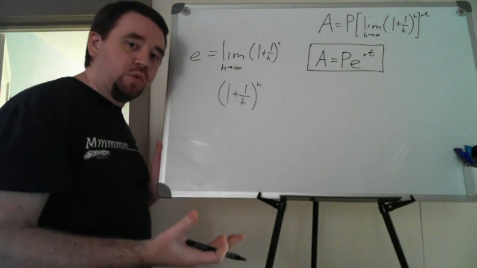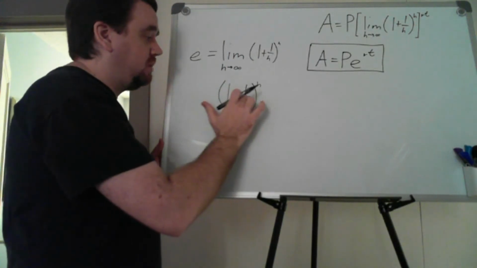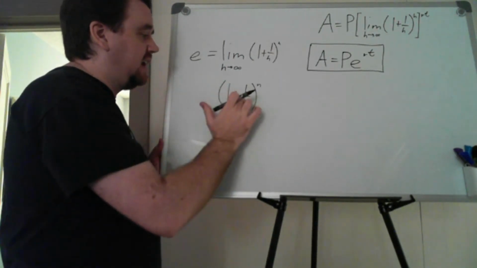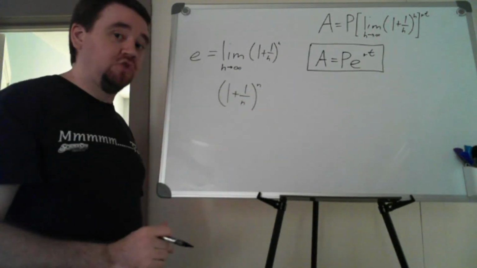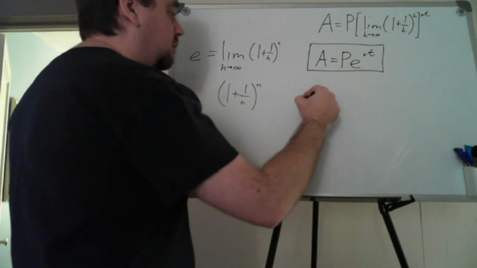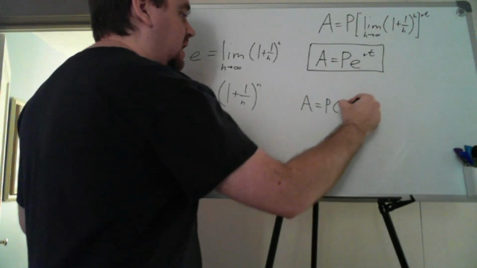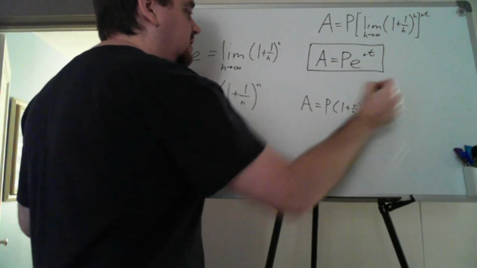And I'm actually going to return it back to n, because h is just a dummy variable, so it doesn't really matter what letter I have here. So I'm going to make that an n again. And I'm going to say, think about the compound interest formula. If you remember, that one is A equals P times (1 + r/n)^(nt).